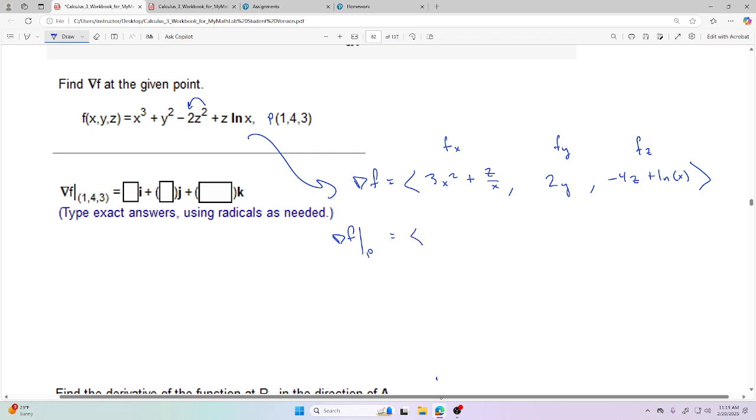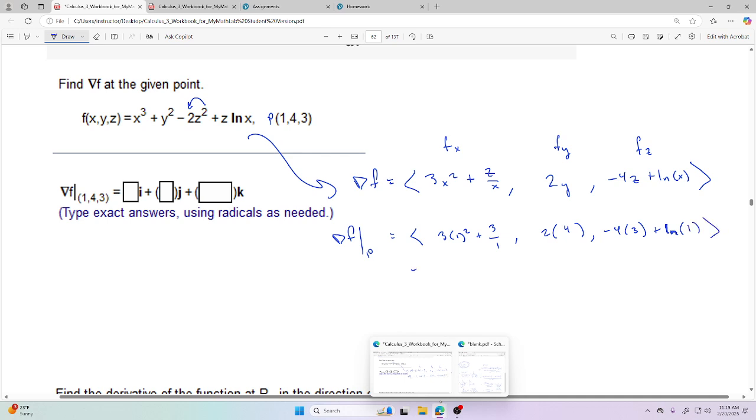When I plug in 1, 4, 3 right here, I guess that would be 3 times 1 squared over 1. 2 times 4 times 3, and ln of 1.